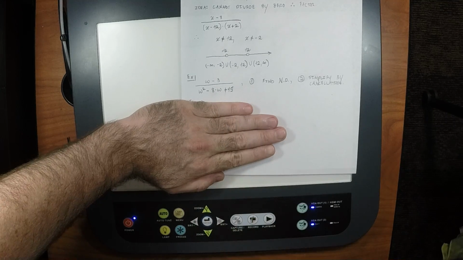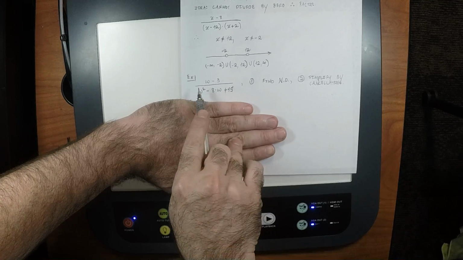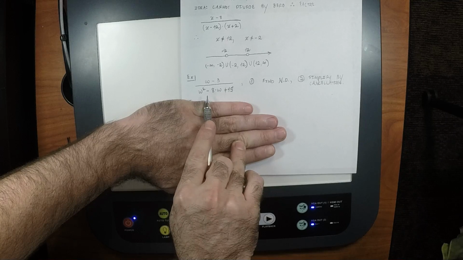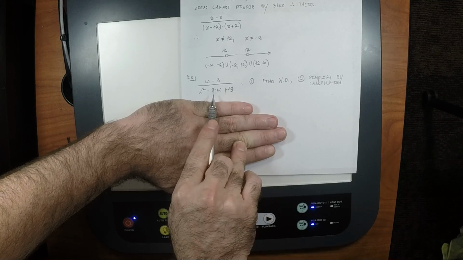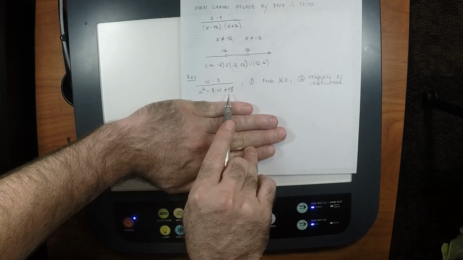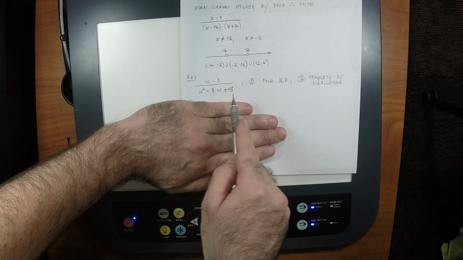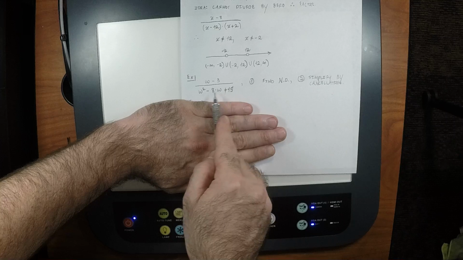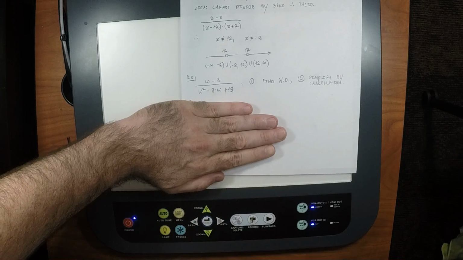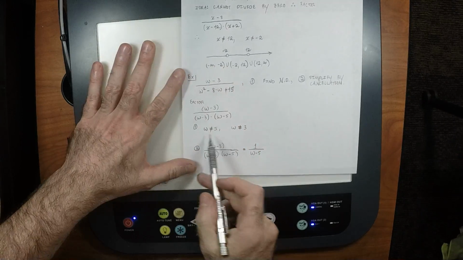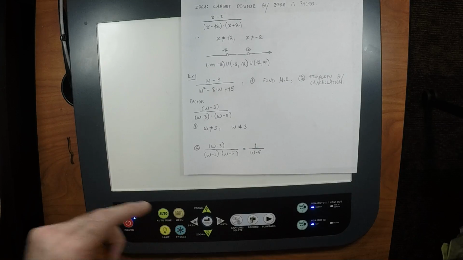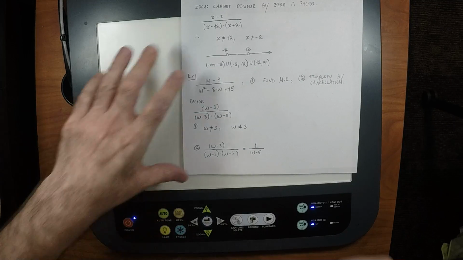There's nothing wrong with that. 0 in the numerator is fine. As for the denominator, that'd be what? 9 minus 24 is negative 15, plus 15 is 0. So is it permitted that you should plug 3 into this? No, it's not. So in fact, 3 is not part of the natural domain.